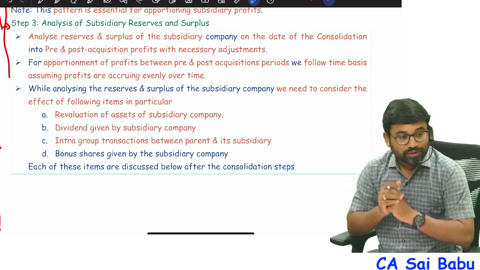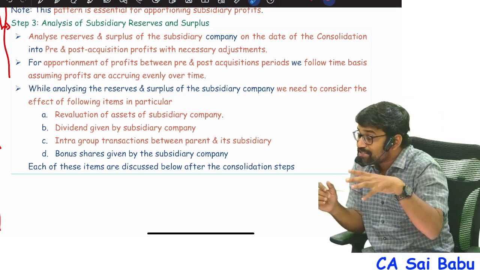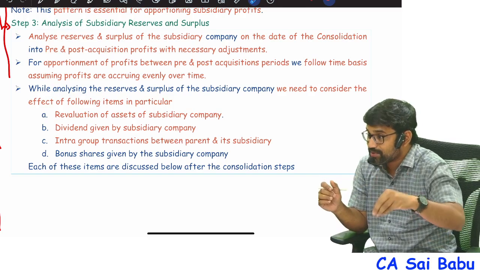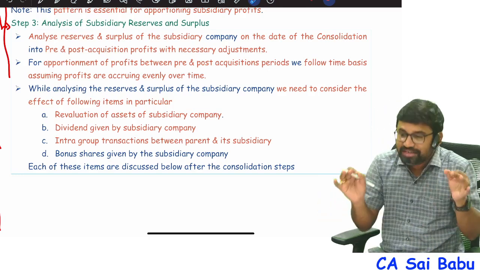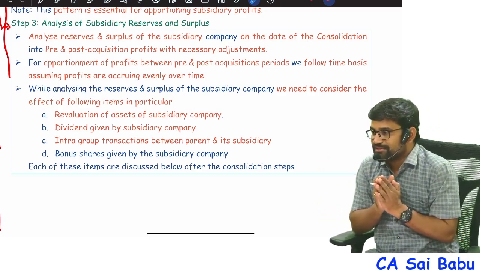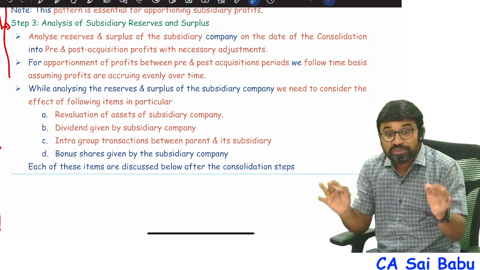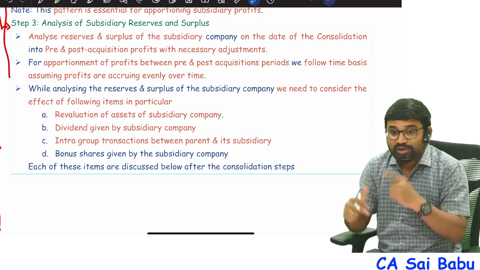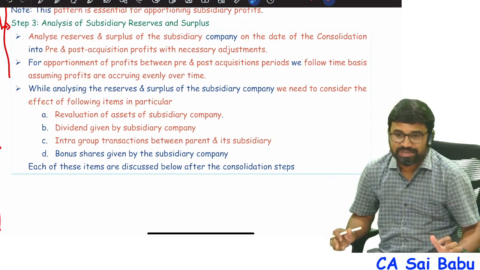Okay, now the interesting point is, when you are analyzing the subsidiary company reserves into pre and post, there are three important adjustments which will play a crucial role. When you are analyzing the subsidiary company profits into pre and post, there are three adjustments.